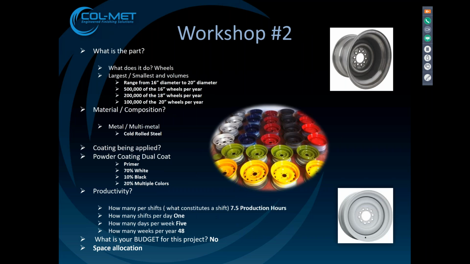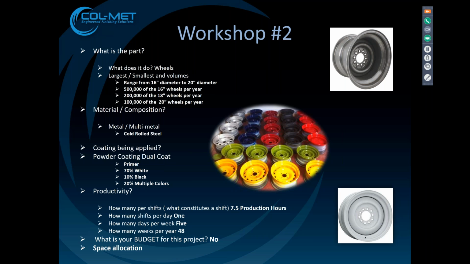Okay, here we go. Workshop number 2. What's the part? Well, we got wheels, largest, smallest in volumes. And there they are there. They range from 16-inch diameter to 20-inch diameter. There's going to be 500,000 of the 16-inch per year, 200,000 of the 18-inch per year, and 100,000 of the 20-inch per year.